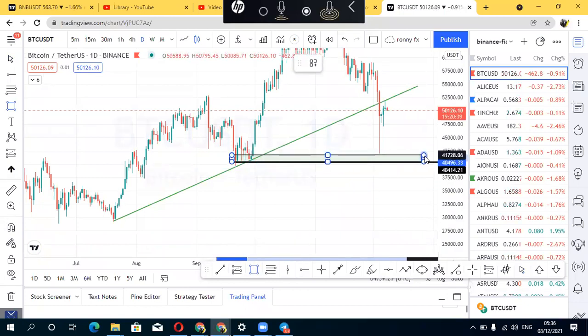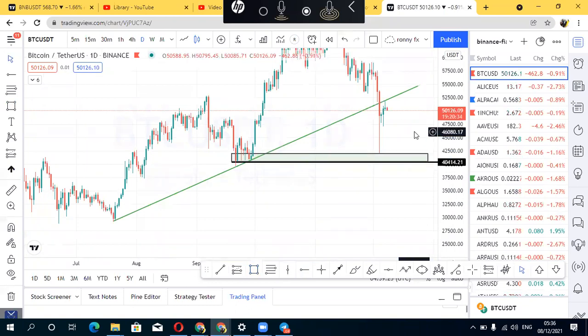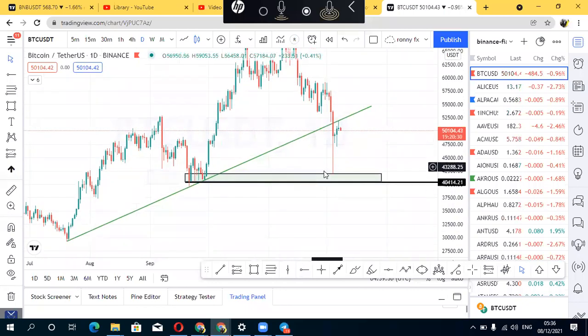So you realize that because this zone was horizontal, it means that what? The price of Bitcoin came and bounced here because there was a support. So if I was looking at the chart on Saturday, I would have taken a buy position on some certain cryptocurrency immediately the market hit it on this point.